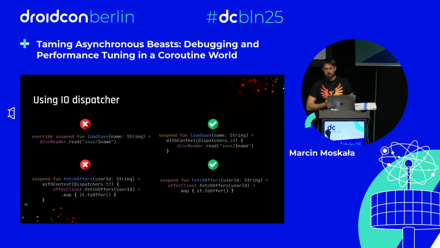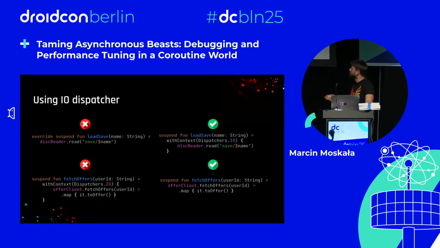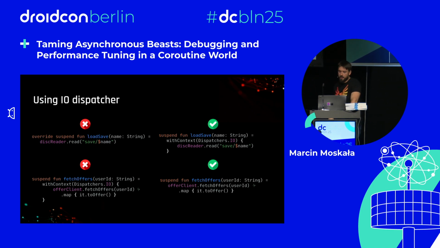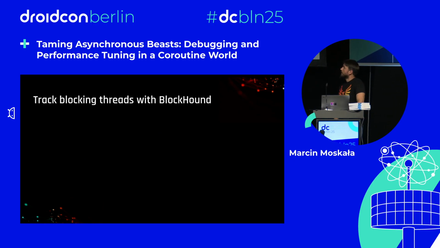So my general policy, when I improve an application's performance, is to rather get rid of withContext and then verify if I haven't missed any blocking call with BlockHound. That's also one of the most basic tools for consultants.